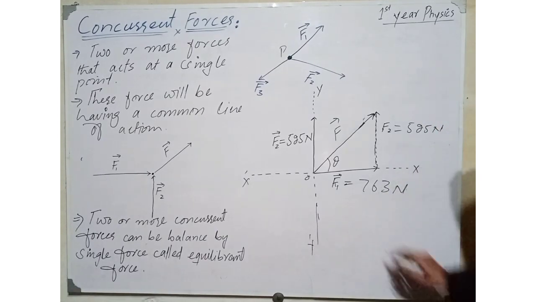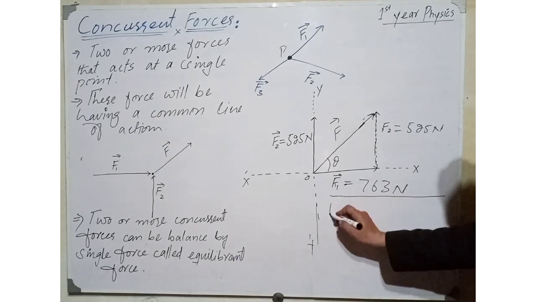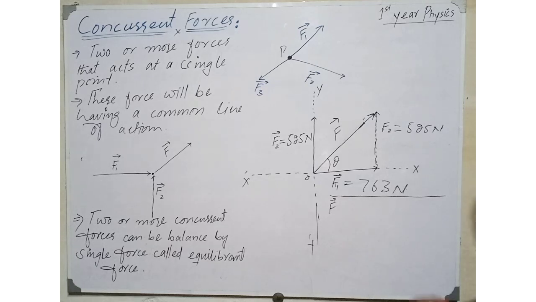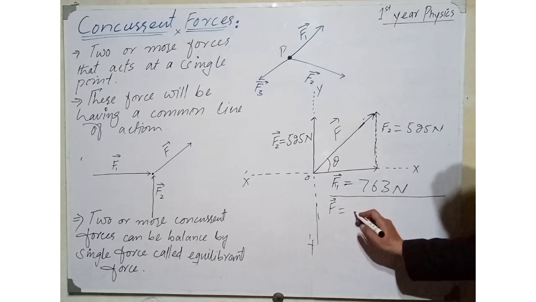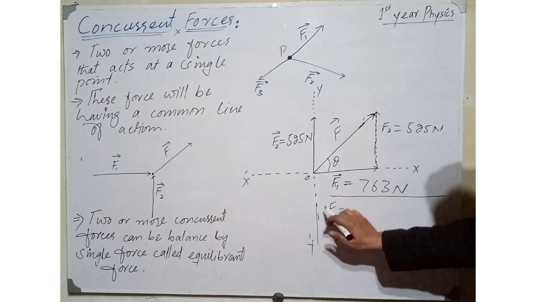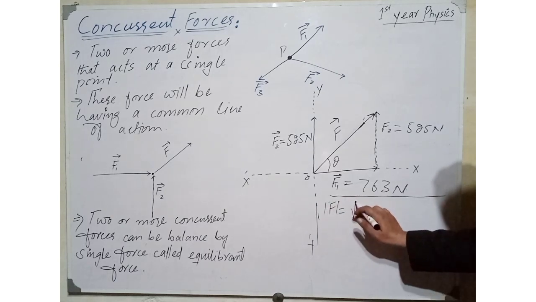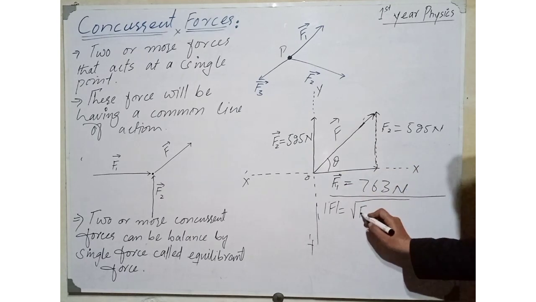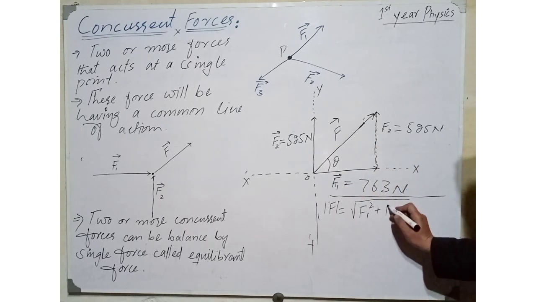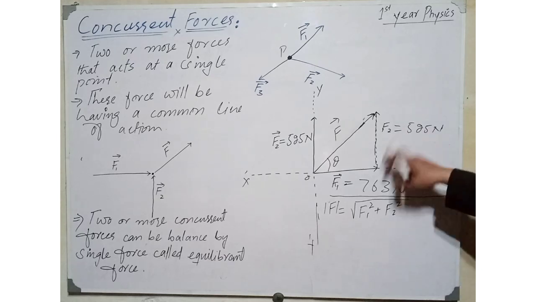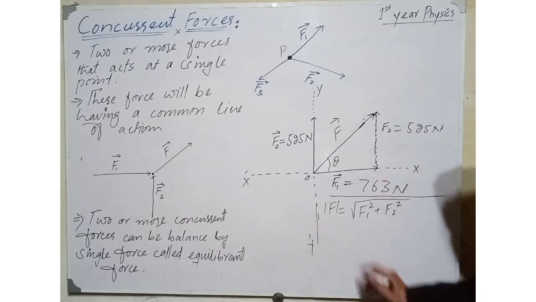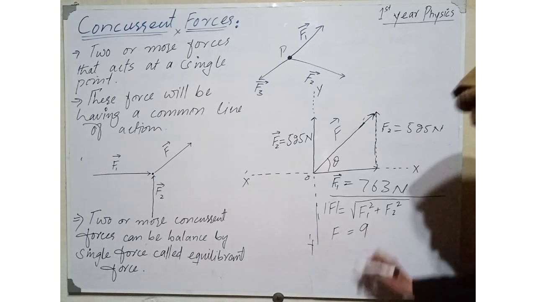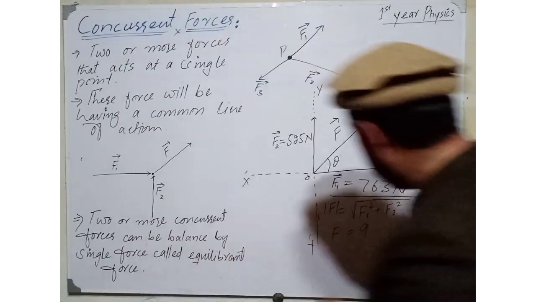The magnitude of the resultant force F, as it is a kind of right angle, and we have discussed that we can find the magnitude of a resultant force by taking the square root of the summation of the squares of the individual forces. So F1 squared plus F2 squared. After replacing these values and doing some calculation, it will turn out to be 926 Newton.